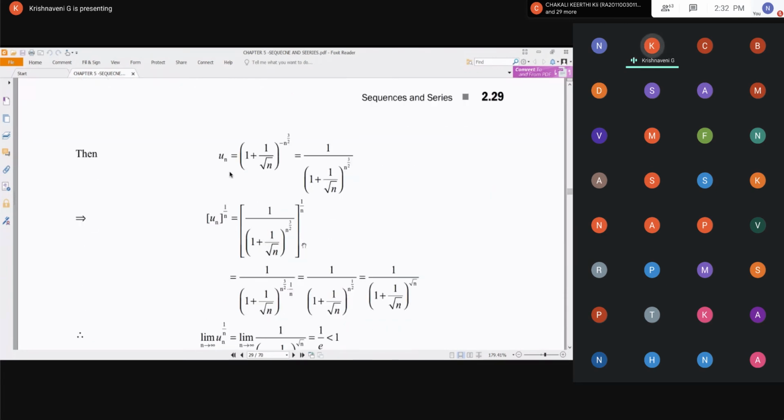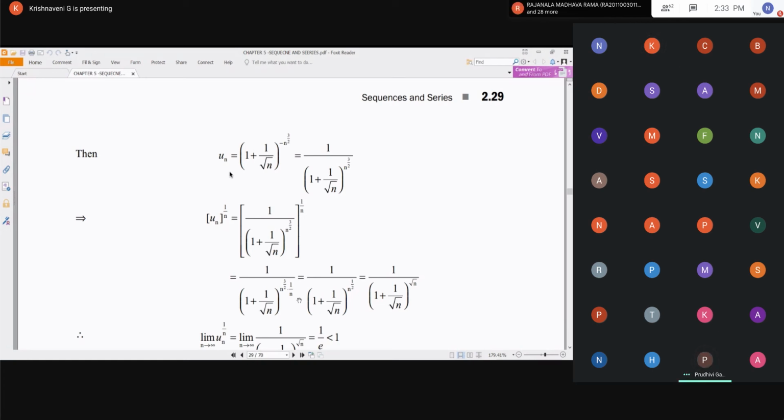And then apply whole power 1 by n. When we apply whole power 1 by n, what will come? In the denominator, n power 3 by 2 into 1 by n will come. How will this n power 1 by 2 come? n power 3 by 2 whole power 1 by n.